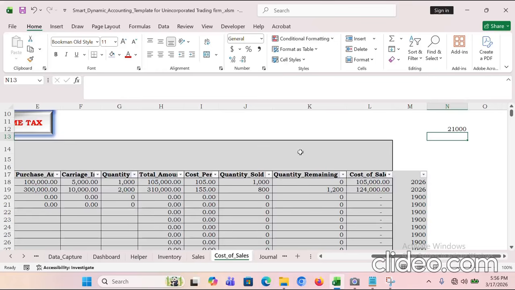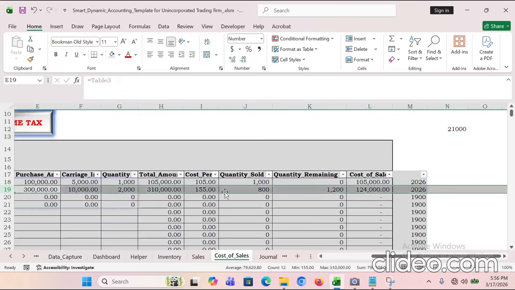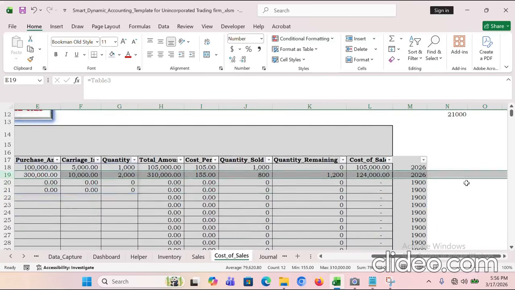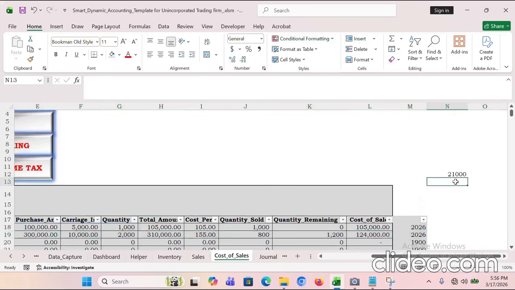That's 21,000 naira. Since we sold 1,000 units for the second sales batch, the cost per unit for this particular second sales that we made is 155 naira. So the remaining 800 units will be multiplied by that cost of sales unit price, 155.